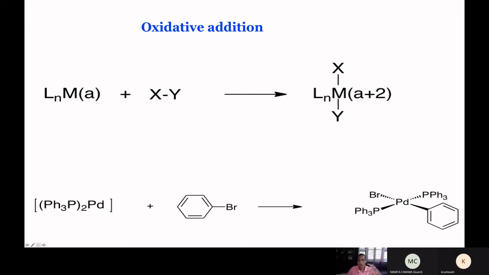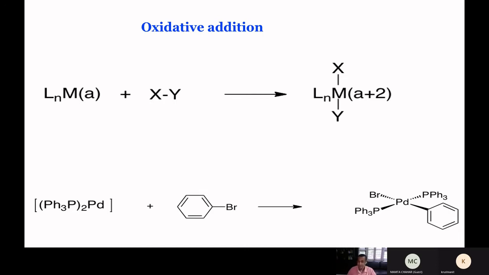When the metal has a lot of electrons, or the electron density is very high, then it will feel like inserting into the XY bond, right? So the ligand has to be small and electron rich. That's when this process of oxidative addition happens much faster.